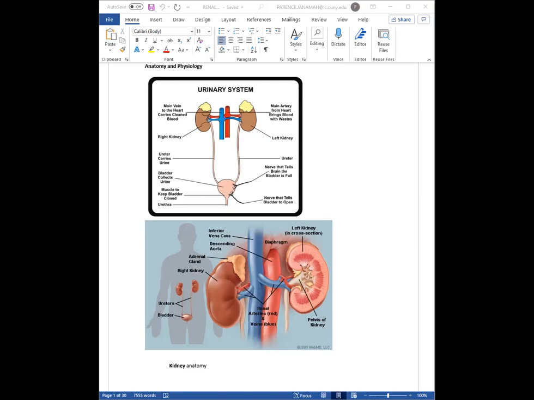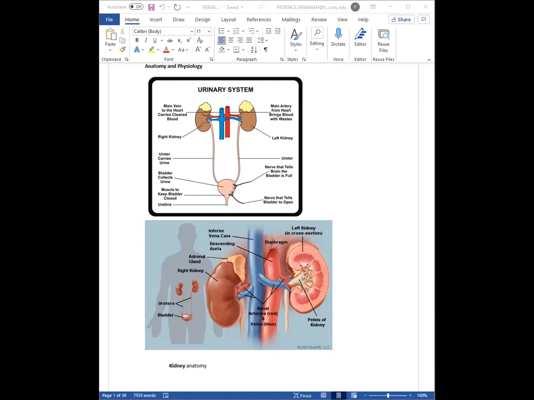The artery brings the blood from the heart with waste material, and the vein carries the blood back to the heart after the oxygen in it has been consumed. So the artery will bring it out of the heart to the kidney and to other body supplies.